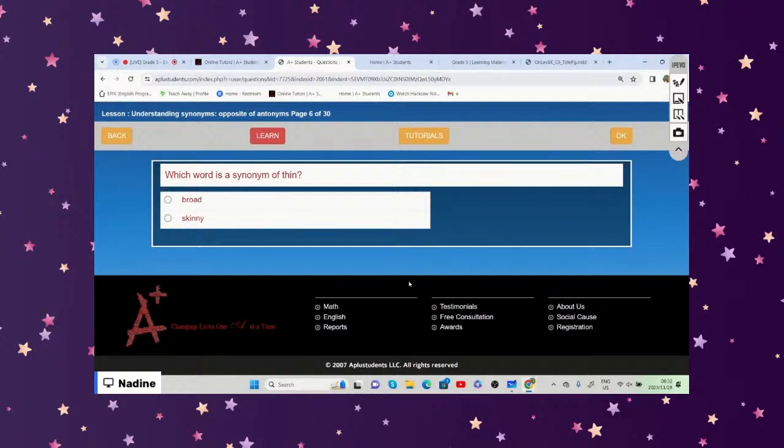Is thin broad or is thin skinny? The synonym or the same as or similar to thin. Is it skinny or broad?